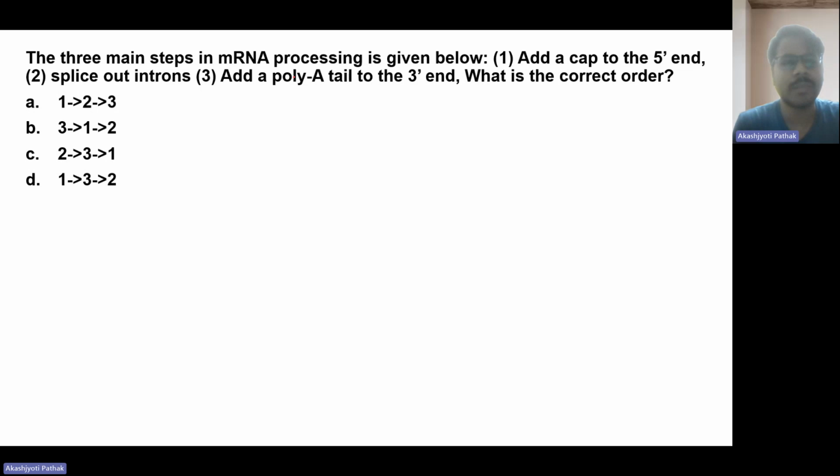So certain modifications have to take place. It also provides stability to the mRNA and identification of the mRNA by the ribosomal subunits present in the cytosol for subsequent translation of the mRNA into protein. So what is mRNA processing? There are certain modifications which take place in the mRNA. There are three main processes: capping, splicing, and tailing.